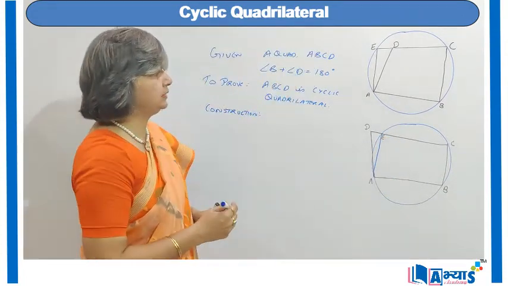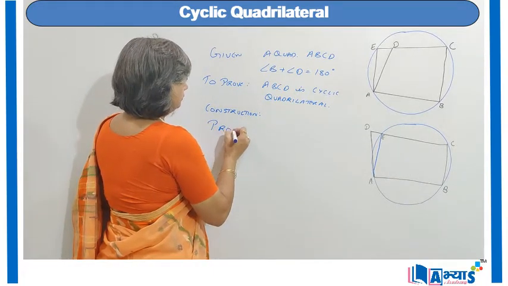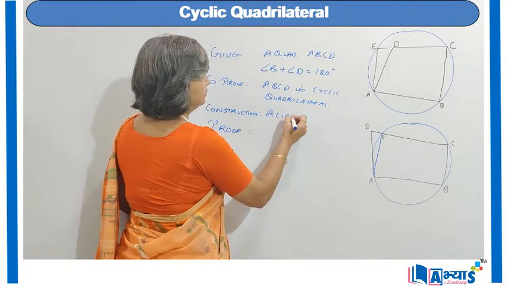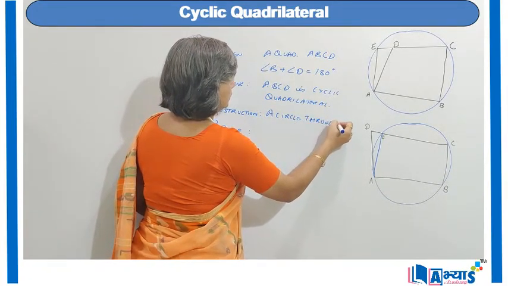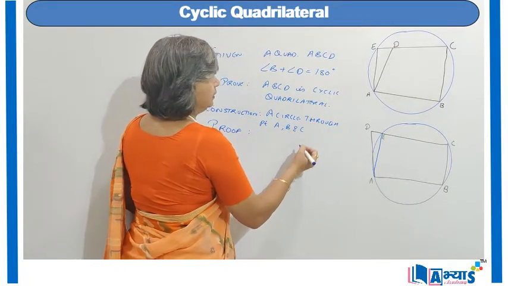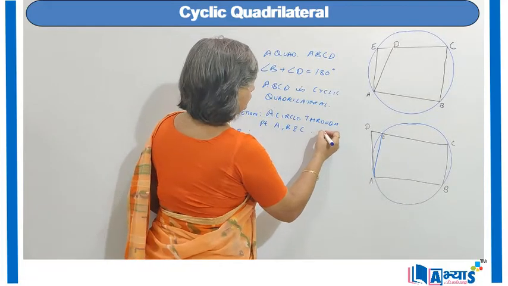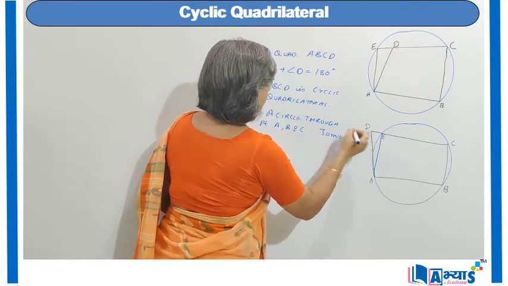So in both the cases, the circle passes through points A, B and C, and then we have joined AE.